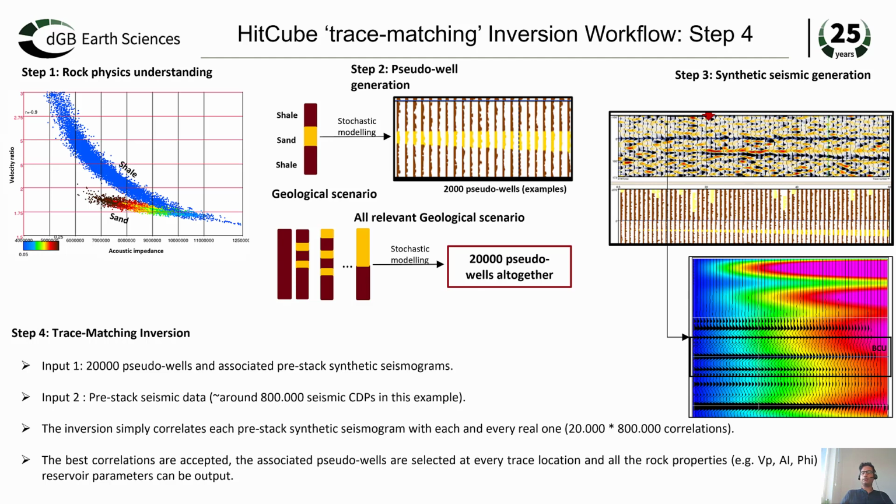So this way we can accept the best correlations at each trace location, and we can simply take into the solution space the corresponding pseudo-wells corresponding to the best correlations, and output all the rock properties that we modeled in there. For example, VP, acoustic impedance, porosity, and other parameters, trace by trace.